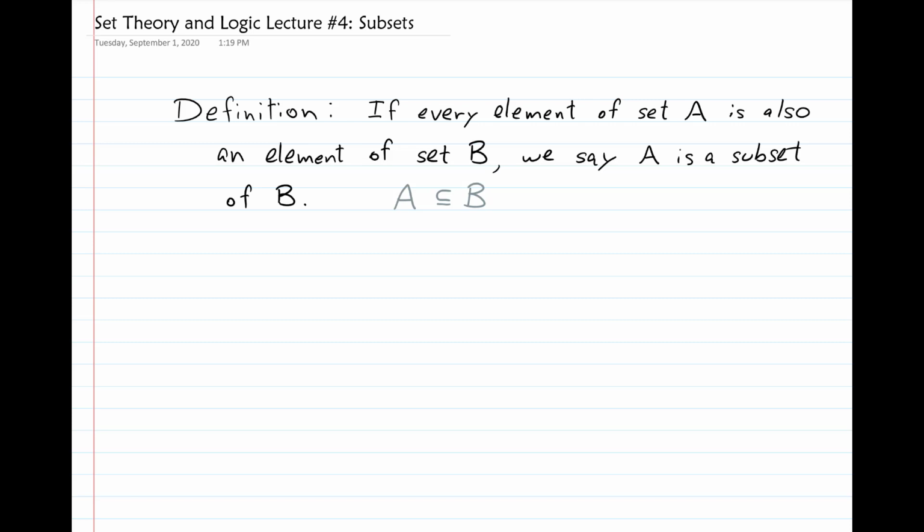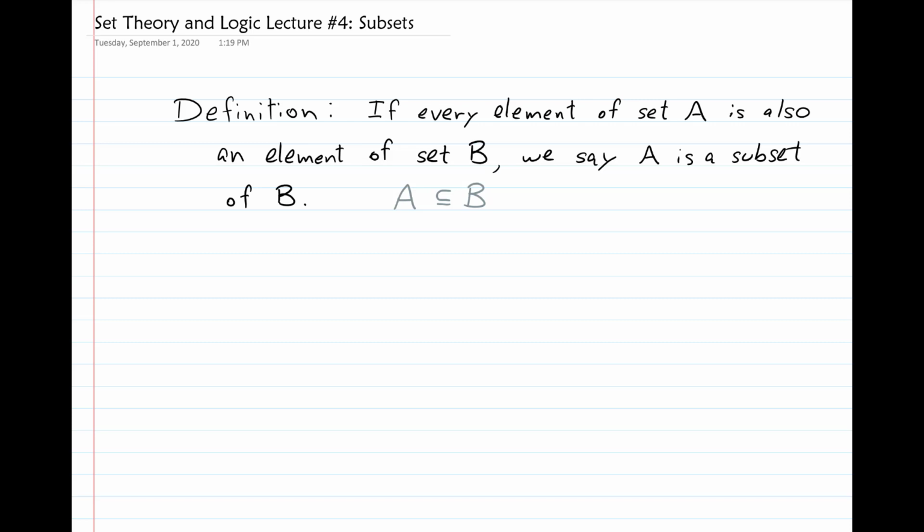All right. How would you show that one set is a subset of another? Well, you would just go right by the definition. You would show that every element in the one is contained in the other. Okay? Every element of the first is an element of the second.